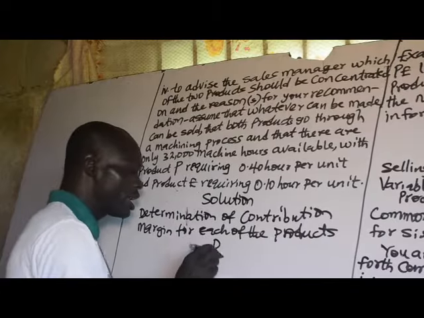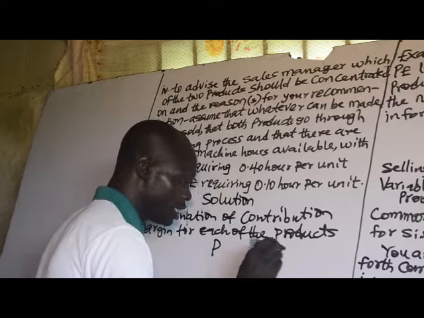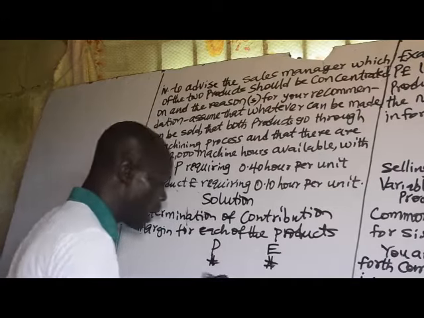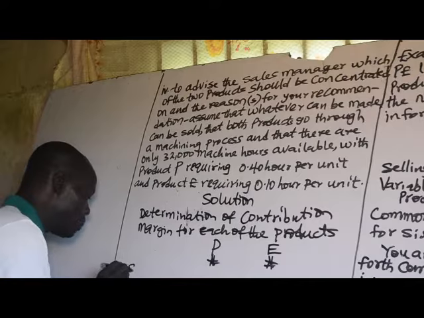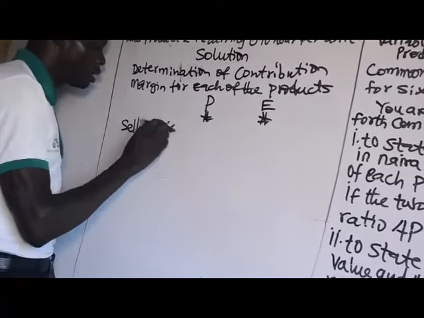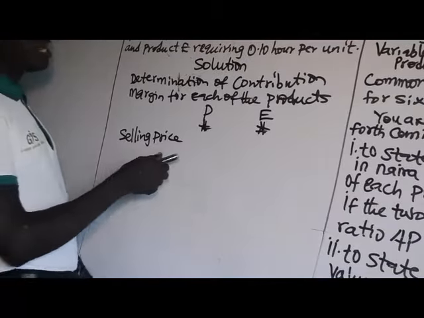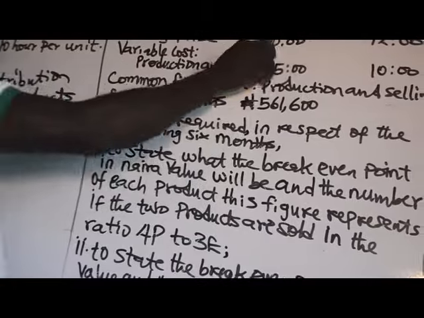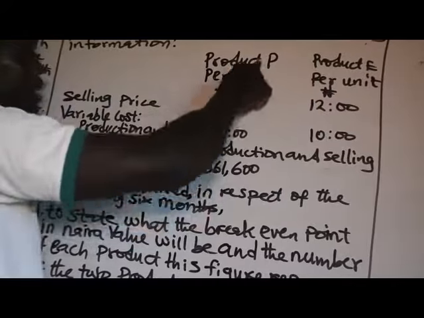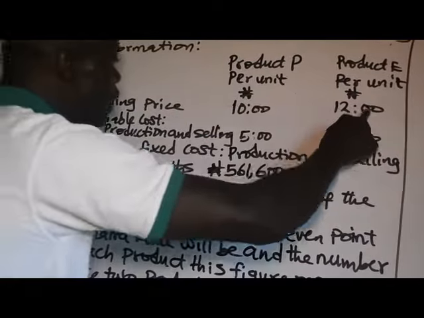We have product P and product E. Then you are given, contribution is selling price. The selling price of product P is 10 Naira, while that of product E is 12 Naira.